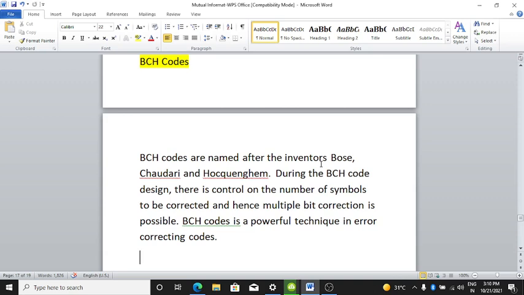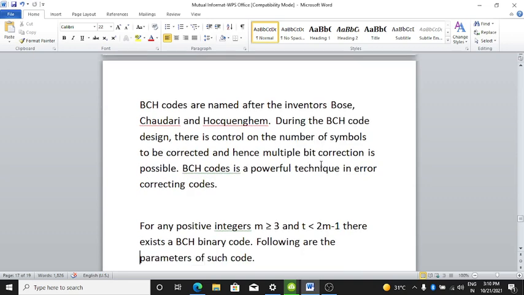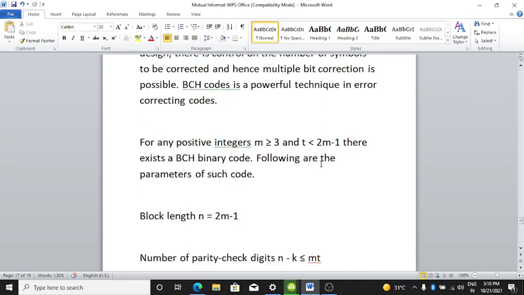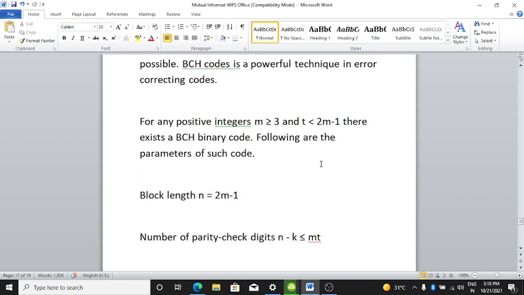During the BCH code design, there is control of the number of symbols to be corrected, and hence multiple bit correction is possible. BCH code is a powerful technique in error correcting codes. For any positive integers m greater than or equal to 3 and t less than 2^(m-1), there exists a BCH binary code.